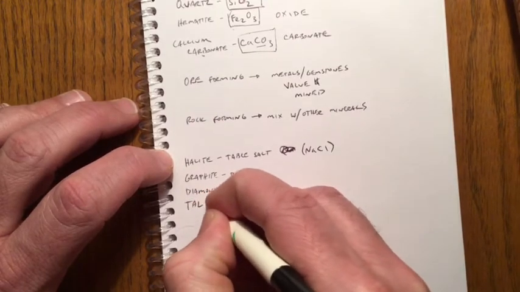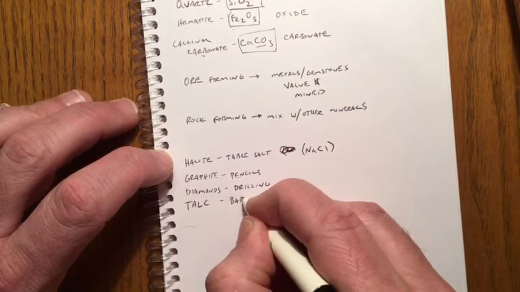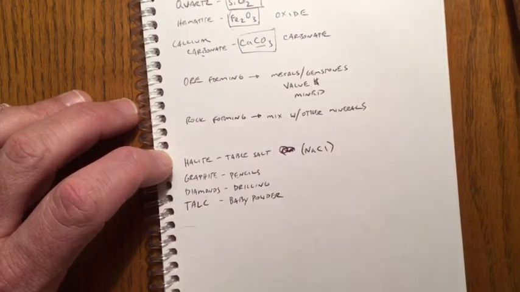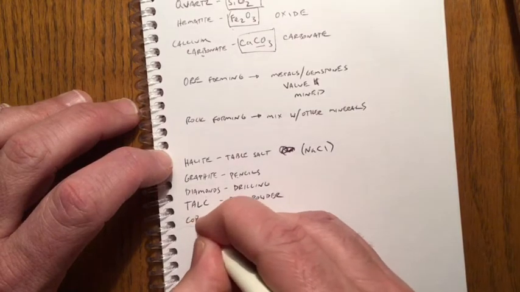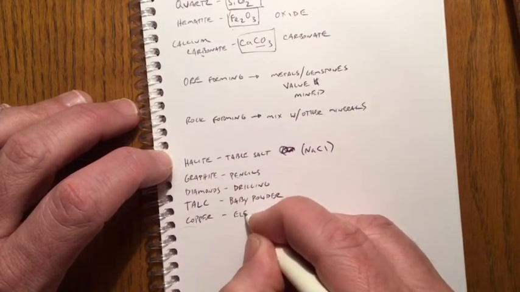Talc is the softest mineral, and it's used in baby powder. Copper is used in electrical wires.